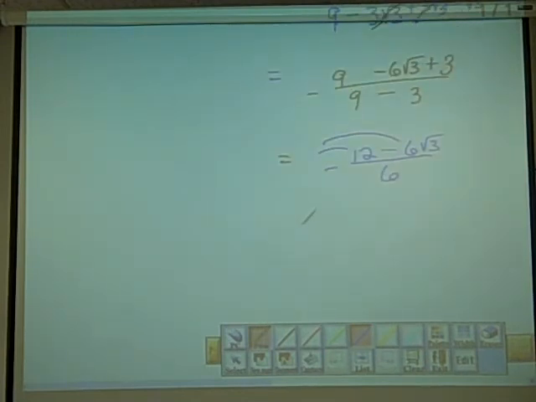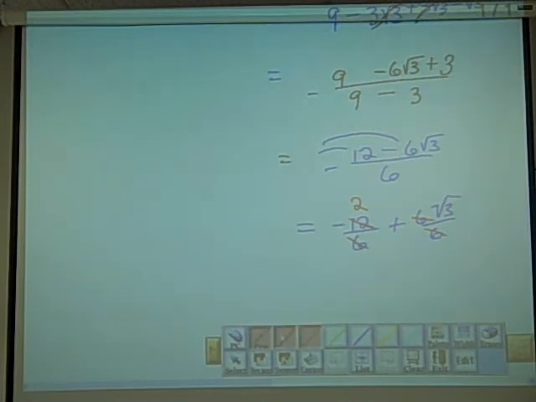So that makes this a negative 12 over 6, and then this will be a negative times negative, that'll make that a positive 6 square root 3 over 6, and 6 goes in negative 12, that's going to be a 2, and here the 6 cancels, and so we get a negative 2 plus square root 3, and that is our answer.